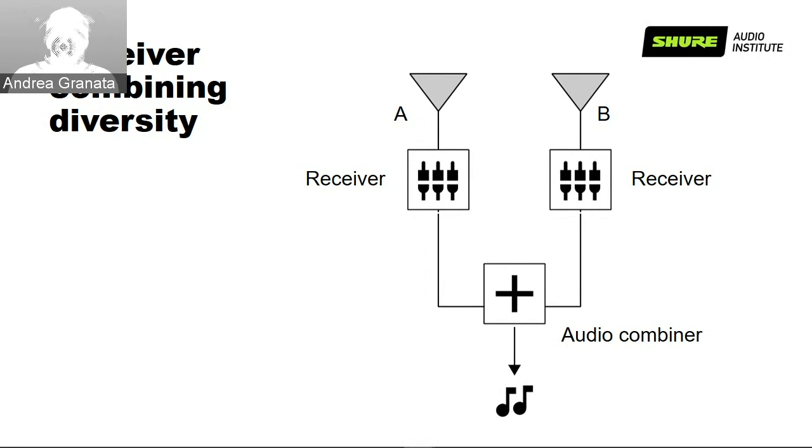If both signals are good, what we get is a 3 dB increase in signal-to-noise ratio at the audio level. And this is a pretty good result. How the combiner works: imagine a panpot in reverse. So you have two inputs and a single output, and the system goes towards one or the other antenna depending on which of the two is performing better.